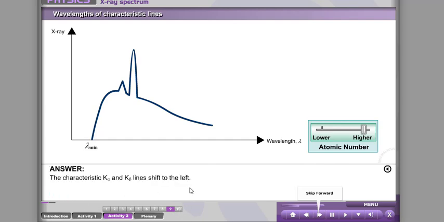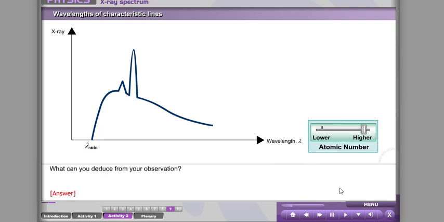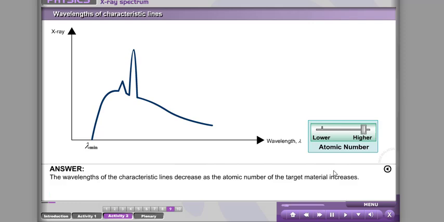Answer: the characteristic K-alpha and K-beta lines shift to the left. What can you deduce from your observation? Answer: the wavelengths of the characteristic lines decrease as the atomic number of the target material increases.